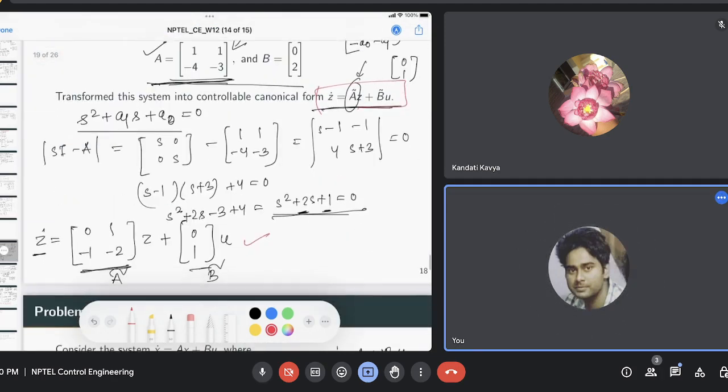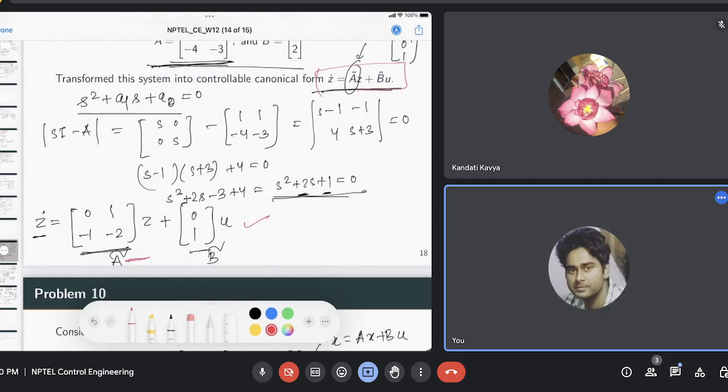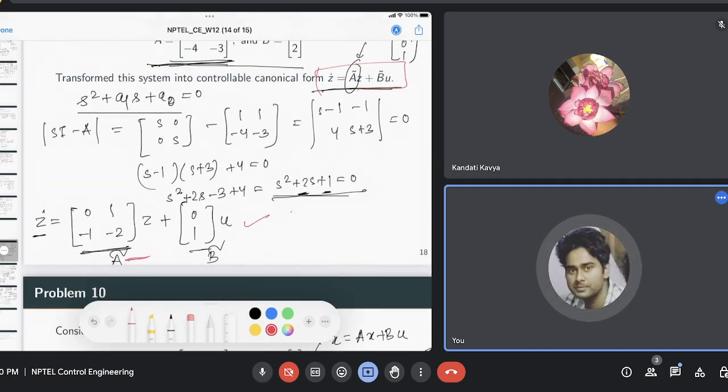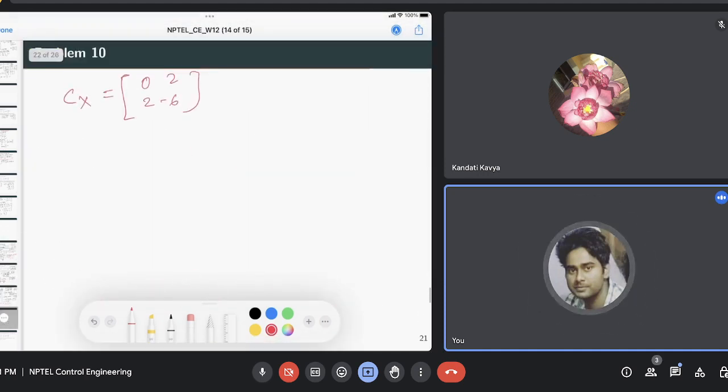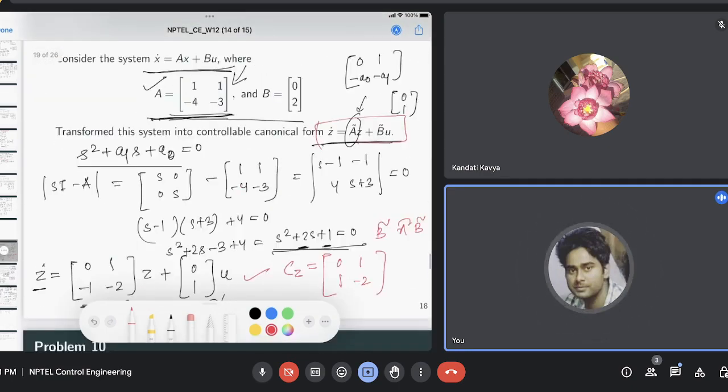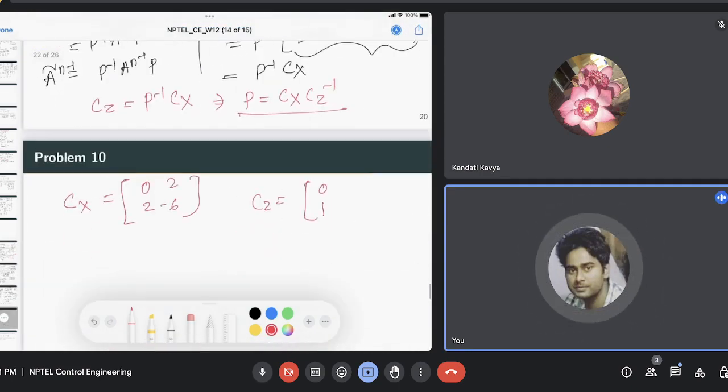So for this, what will be the Cz matrix, this controllability matrix? Again we have B tilde and A tilde B tilde. B tilde is 0, 1, and if you multiply A tilde B tilde, it will be 1, minus 2. So Cz is 0, 1, 1, minus 2 in the z domain.